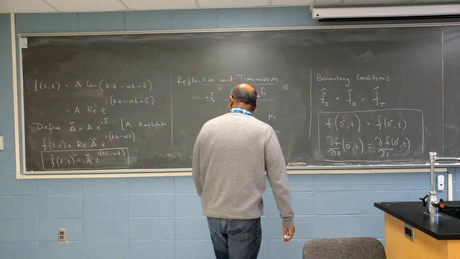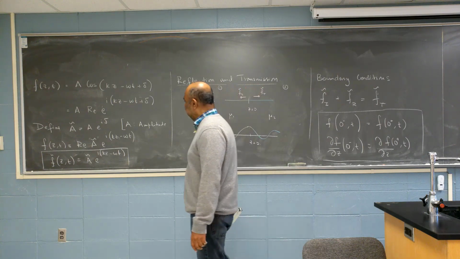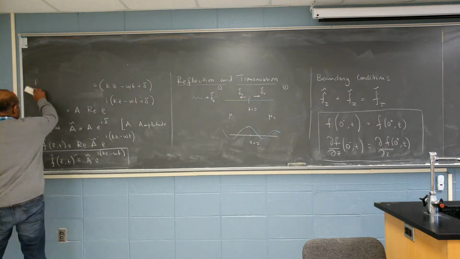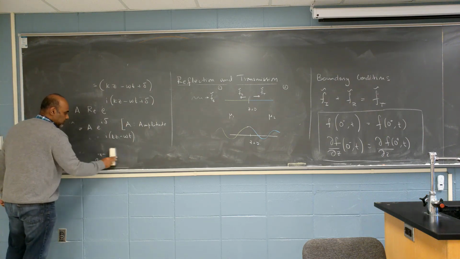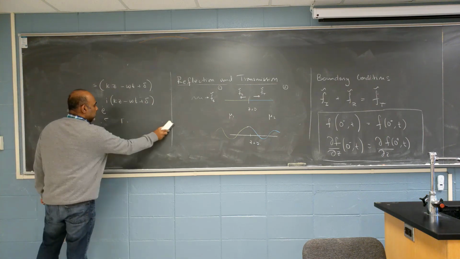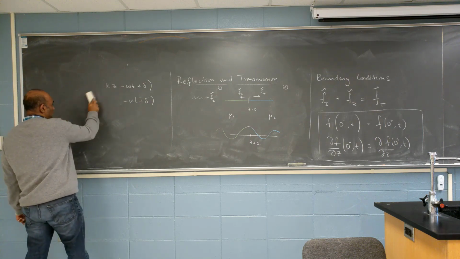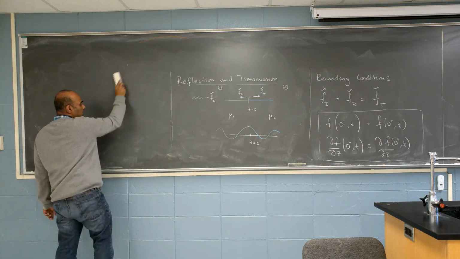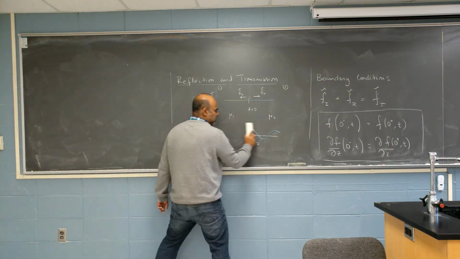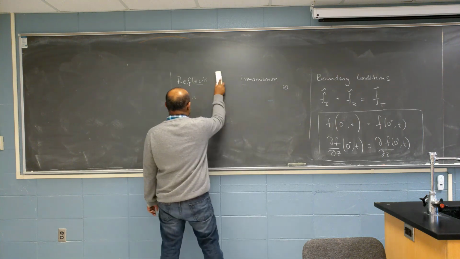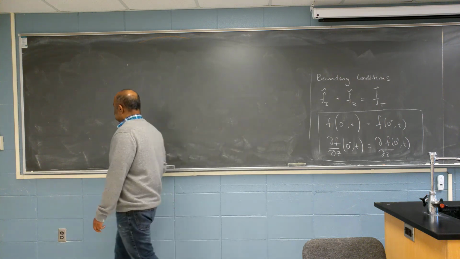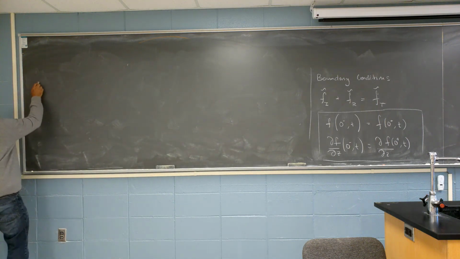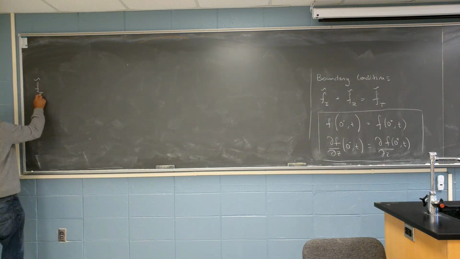Okay, let's write down what the incident waves are. Griffiths presents a cleaned up version where you might stare at it and go, well, where did that come from? It's not altogether clear to me. So let me clarify. Again, I'm only going to do the complex version, the incident.